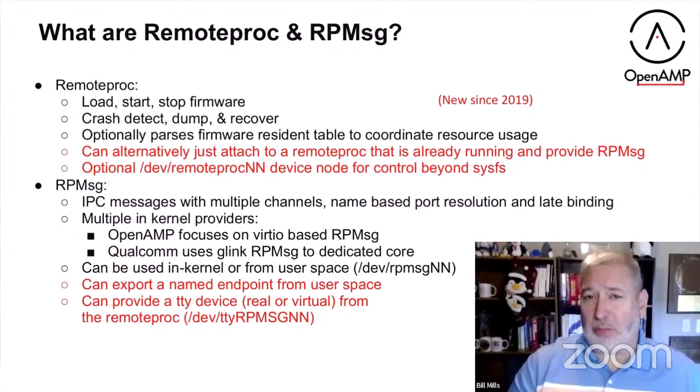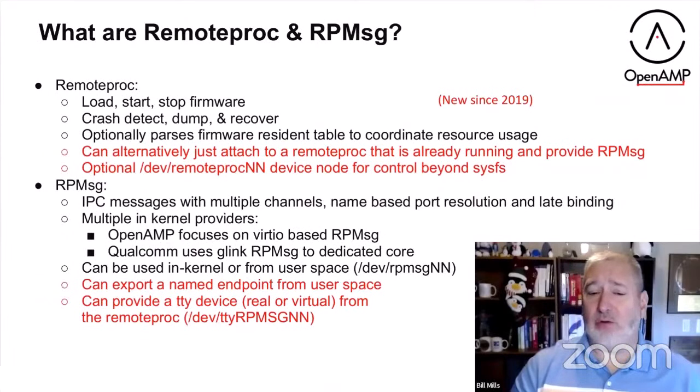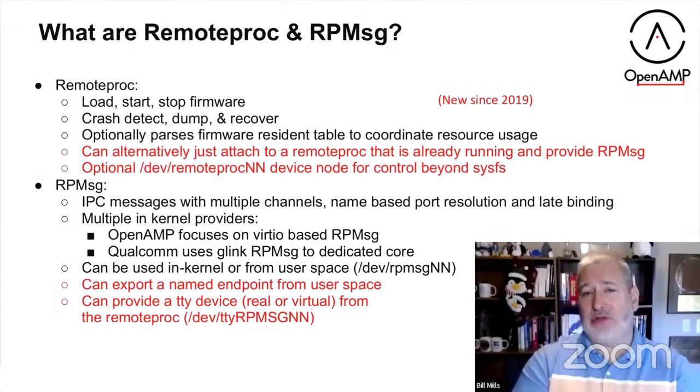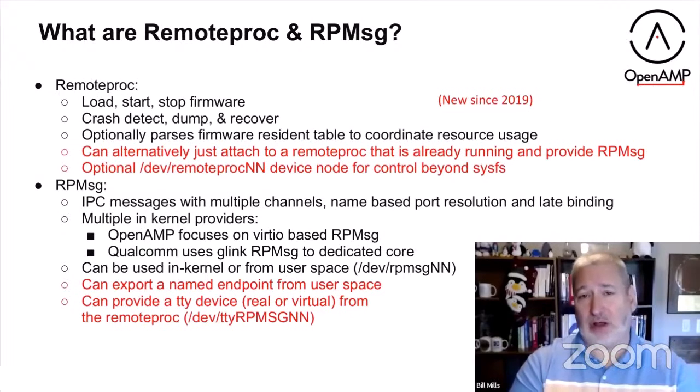There are multiple providers of rpmsg in the kernel. In OpenAMP, we focus on the Virtio based rpmsg. Qualcomm also has G-Link rpmsg, and they use this to talk to their dedicated firmware like modems and sound processors and things like that.